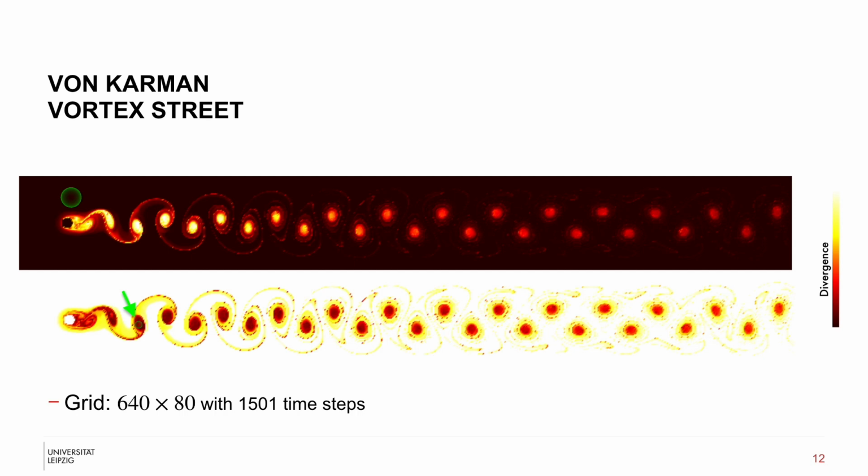In the bottom image, you can see a user knowing there should be a vortex at that position, selecting the region, and the method displays in dark low divergence, meaning high similarity where other vortices are expected. This is consistent with our expectations.